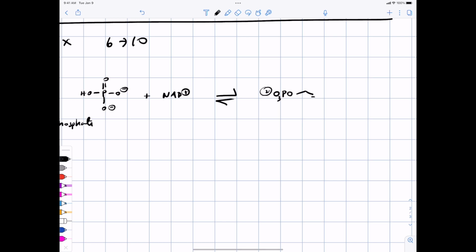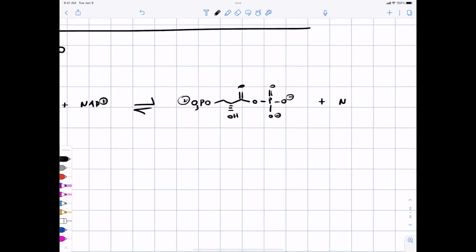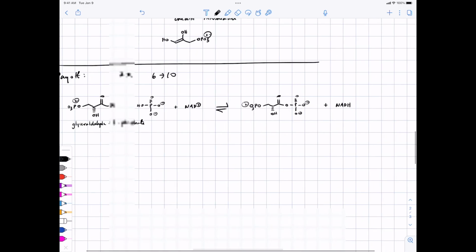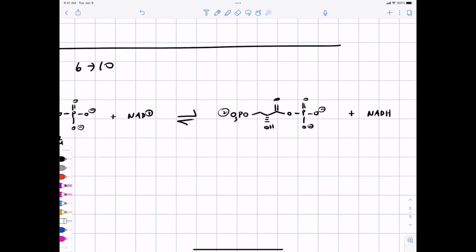Well, sorry, got ahead of myself. So we oxidize something that used to be an aldehyde up to a functional group that looks kind of like an ester. It's actually a mixed phosphoanhydride.